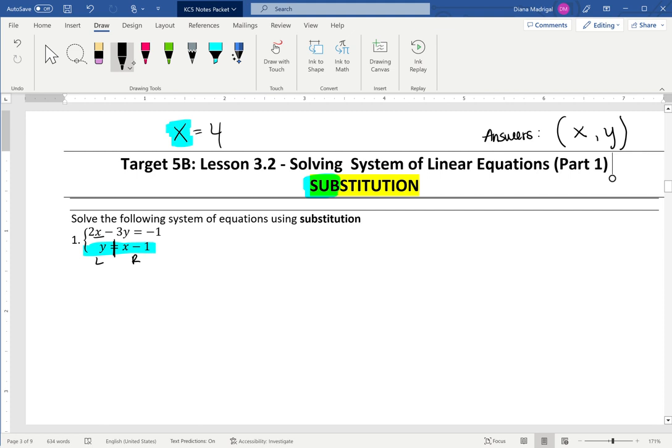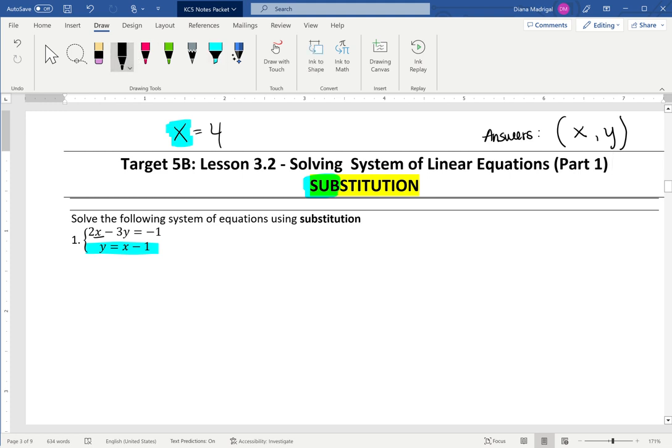On the right, I have x by itself, but I have minus 1, so it's not by itself. On the left side, I have y by itself. So ding, I finally found the variable that's by itself. So I'm going to use this one. I'm going to highlight it. I always suggest that you highlight the equation that has a variable by itself. And this one is y equals x minus 1.